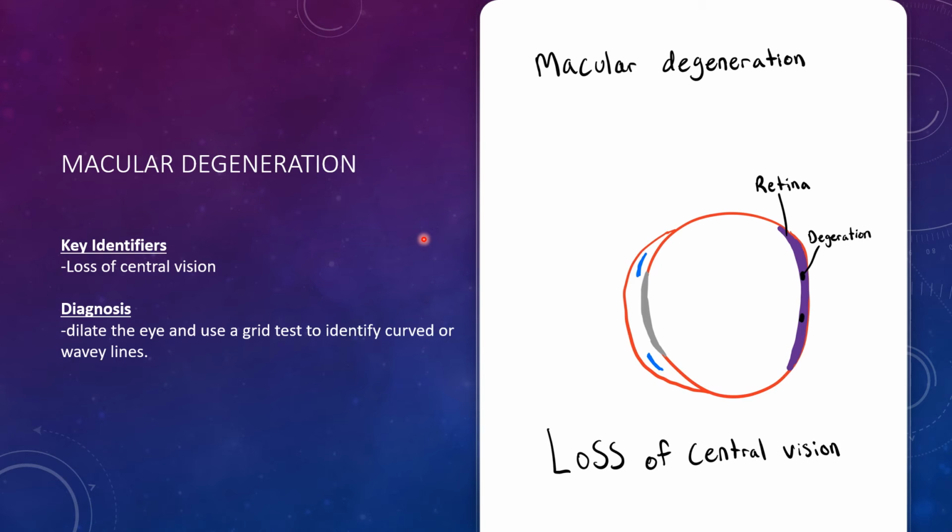Next, we have macular degeneration, which is where the patient has loss of central vision, and it's basically the retina has blobs of degenerative segments, we'll say. We can diagnose this with dilating the eye and using a grid test to identify curves or wavy lines within that grid test.